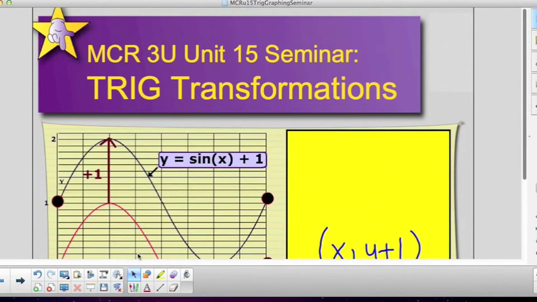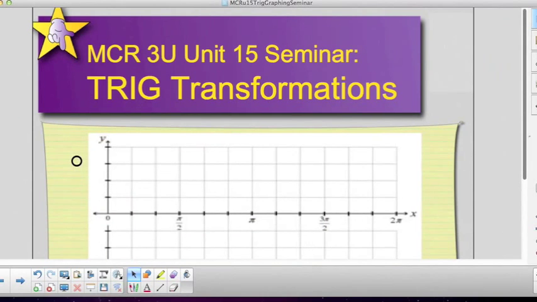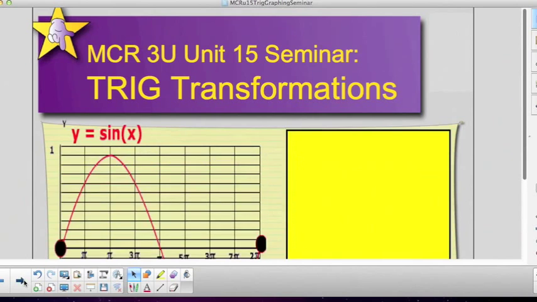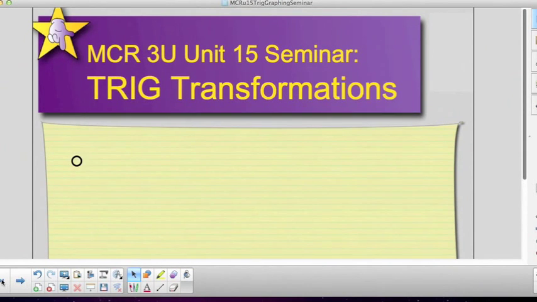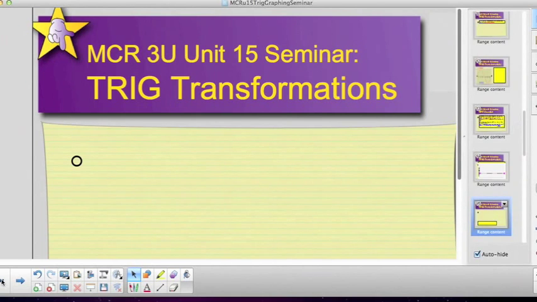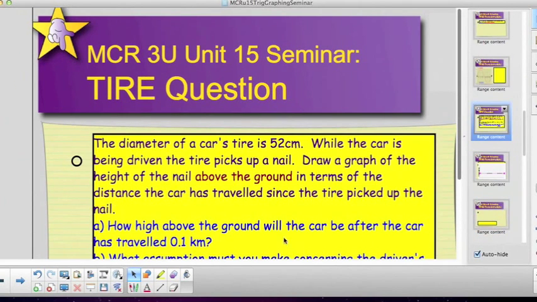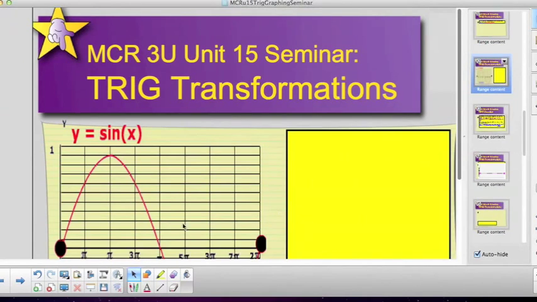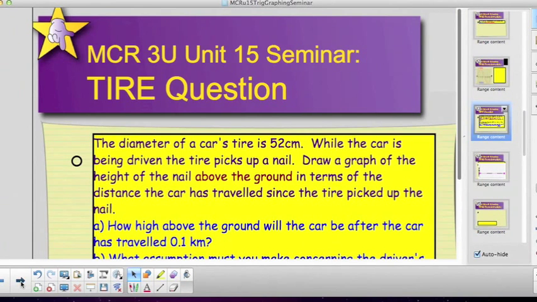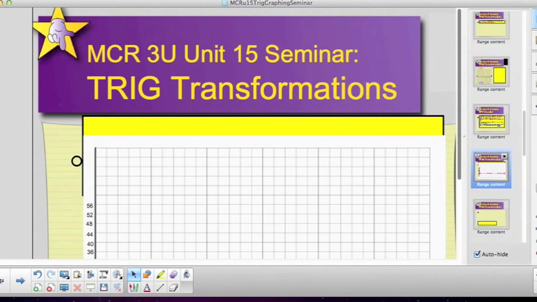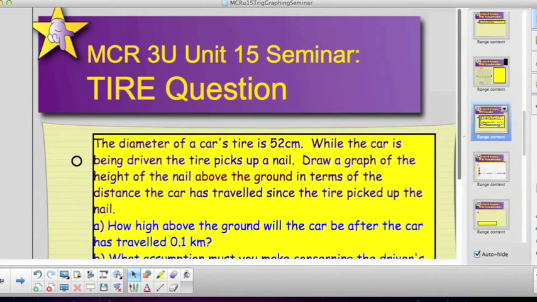So let's quickly go into this. We're going to figure out the period and the equation of the axis before I actually draw my graph.